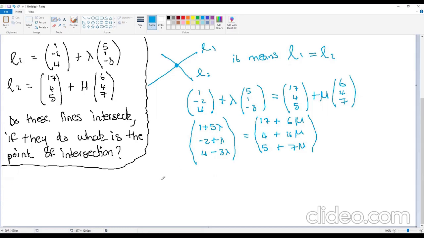This equation basically says we start with 1 plus 5 lambda is equal to 17 plus 6 mu, and then minus 2 plus lambda is equal to 4 plus 4 mu, 4 minus 3 lambda is equal to 5 plus 7 mu.